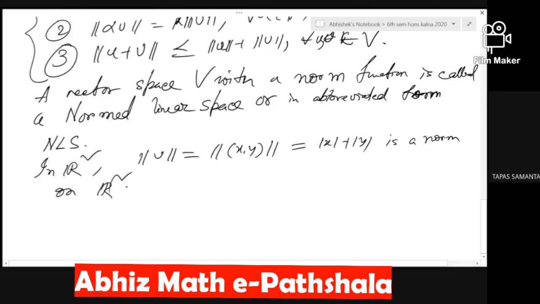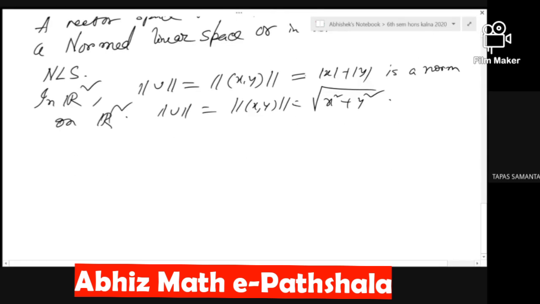And we also have a natural, usual norm on R2, that is norm v equal to root over of x square plus y square. So this is the usual norm on R2. Similarly, in higher dimensions Rn, its usual norm will be root over of x1 square plus x2 square plus up to xn square, if x1, x2, up to xn denotes a point.